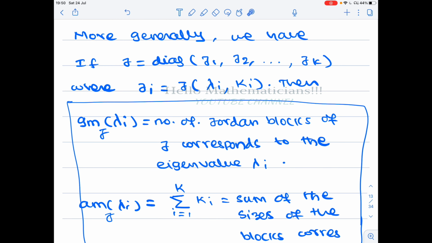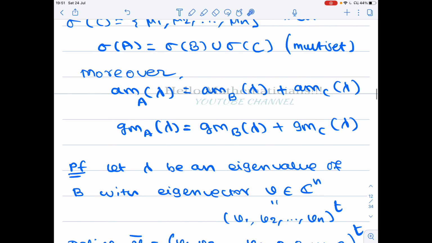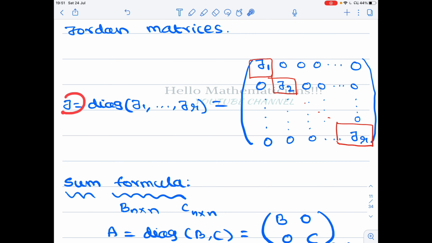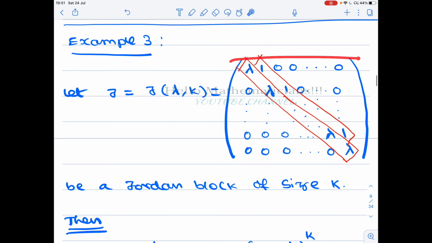The result we have proved is, suppose J is a Jordan matrix. Therefore, it is a block diagonal matrix. Each diagonal block is a Jordan block. So this J_i will be a Jordan block corresponding to the eigenvalue lambda_i, and it is a matrix of size k_i. For example, J is this kind of matrix, where the diagonals are Jordan blocks of this form.